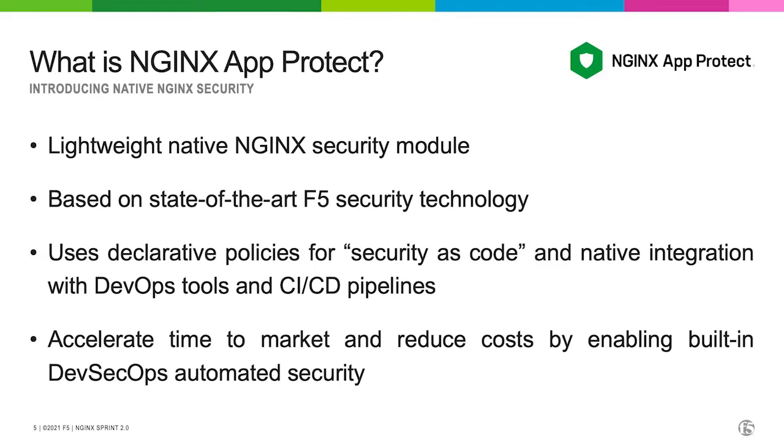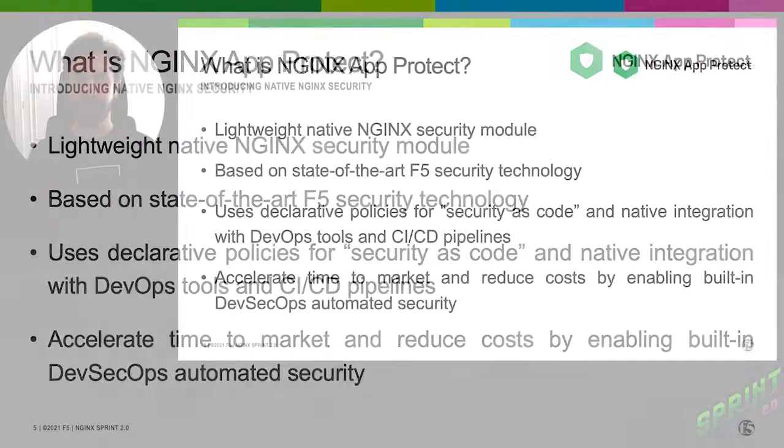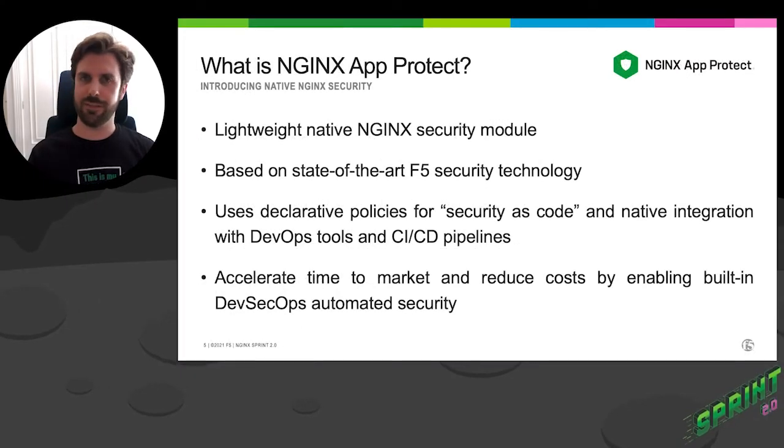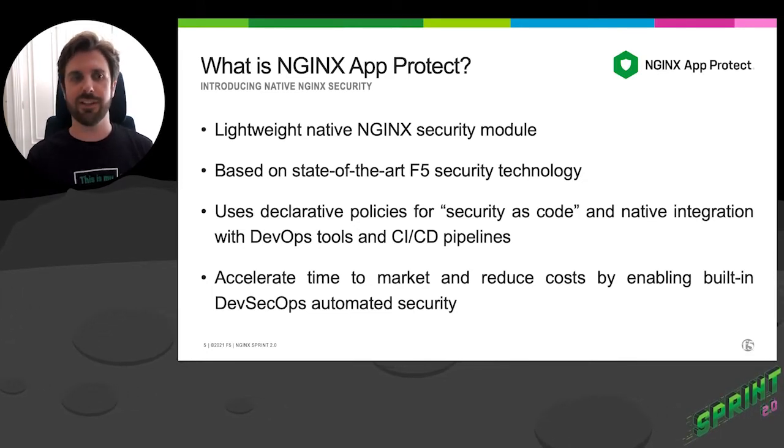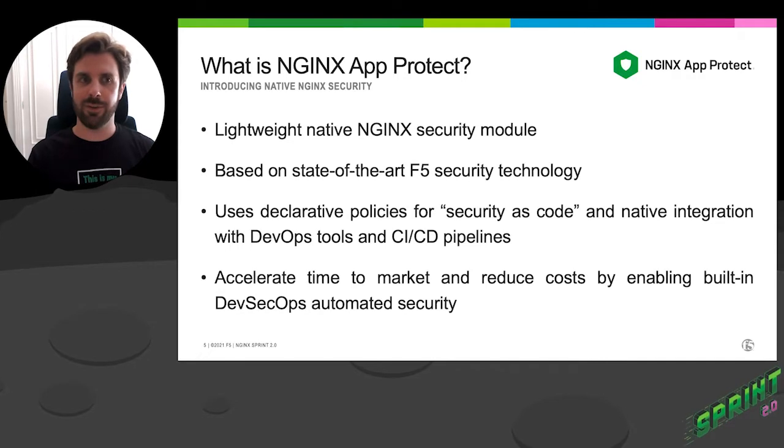NGINX App Protect is NGINX's natively built security solution, running natively as an NGINX module to take advantage of NGINX's highly performant codebase. It is based in state-of-the-art F5 security technology, and it uses declarative policies as well as NGINX configs to enable security as code and native integration with DevOps tools and CI/CD pipelines.